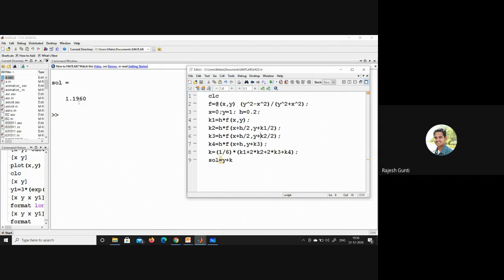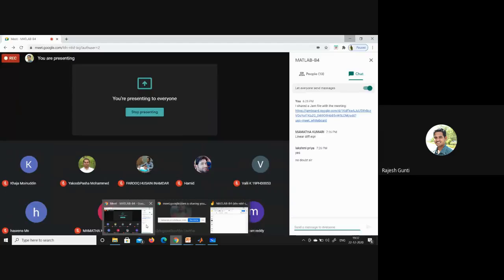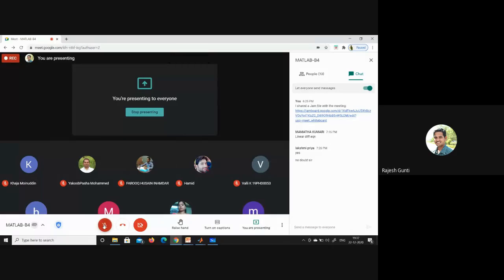So with a single iteration. Now, suppose you want to find out the y value at this point, what is the solution value? Y value at 1 point... Okay.